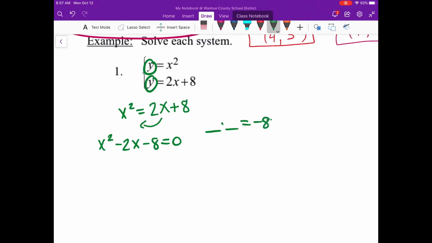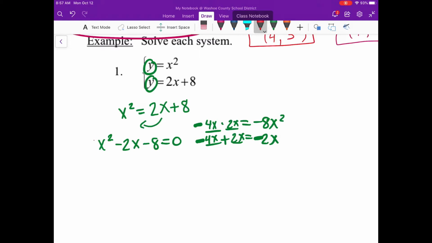What two numbers multiply to give me negative 8x squared, and also add up to give me a negative 2x? I know it's going to be 4 and 2 somehow. Then I need to figure out which one's going to be negative. Probably the bigger number needs to be negative since my answer is going to be negative. So the 4 will be negative there.